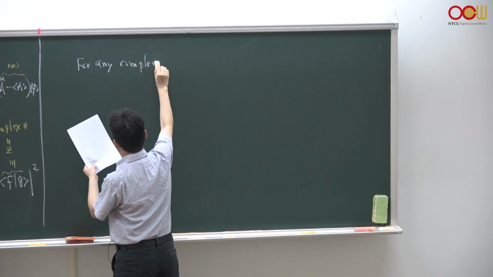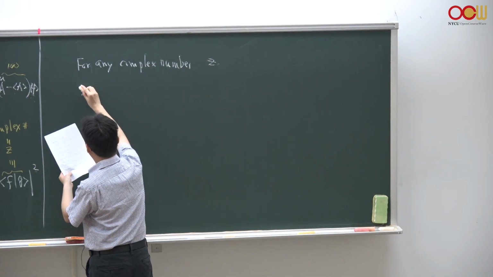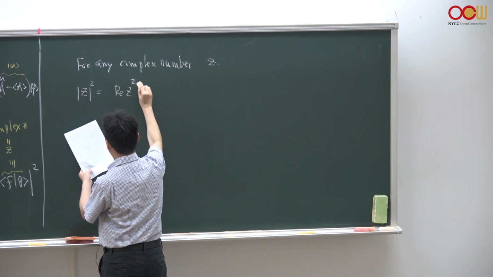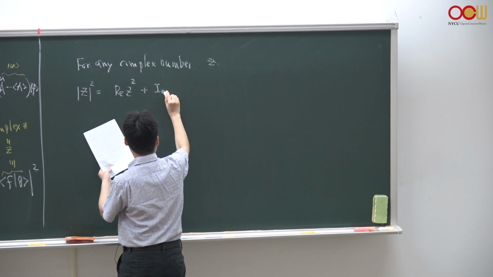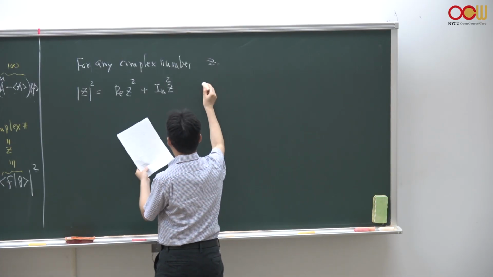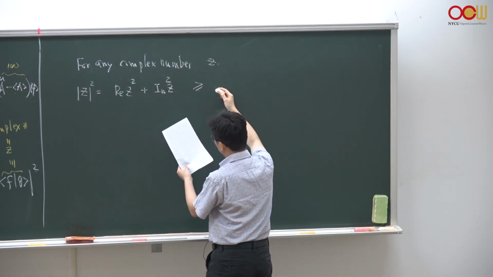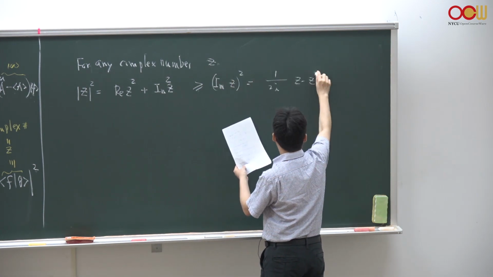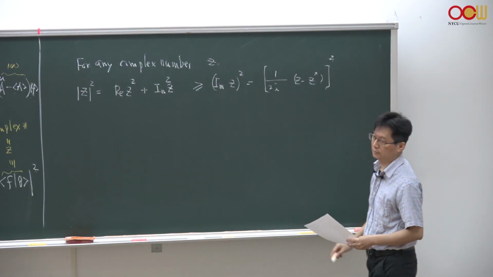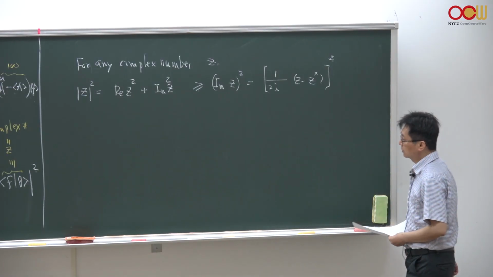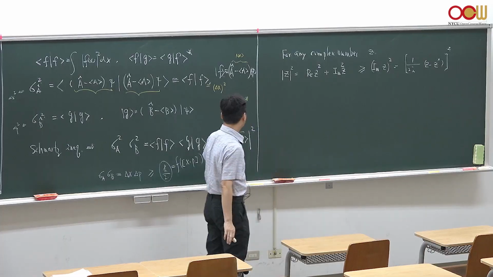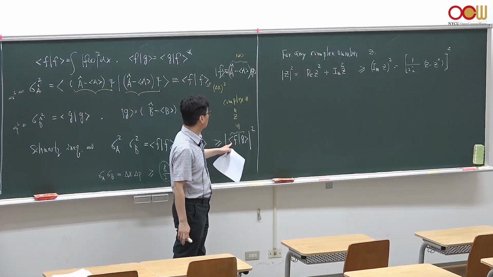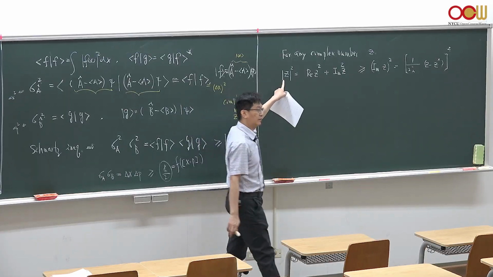For any complex number z, the magnitude of z squared is given by the square of the real part plus the square of the imaginary part, right? Of course, it is greater than or equal to the imaginary part squared. Okay, so we can go on to consider the right-hand side of the Schwarz inequality as the magnitude squared of z.